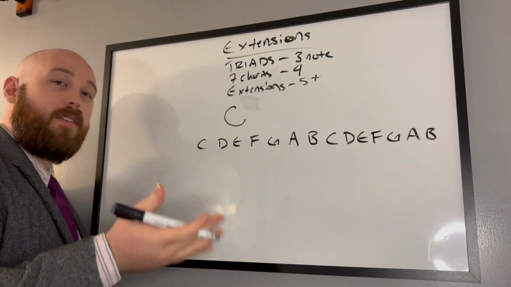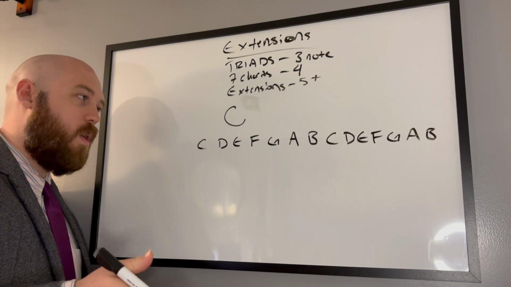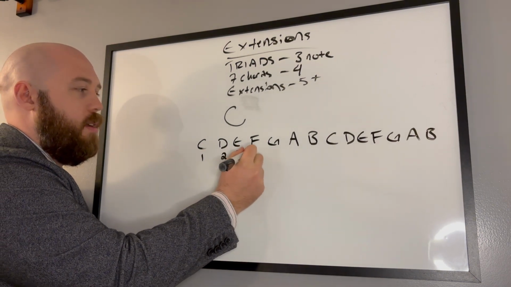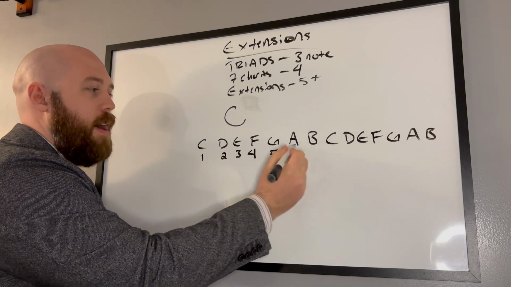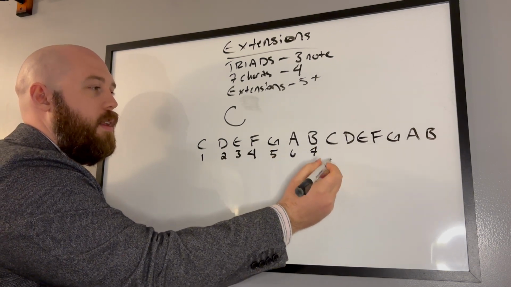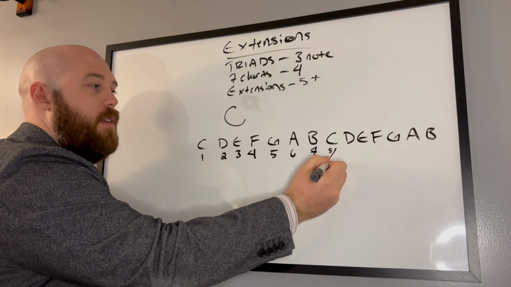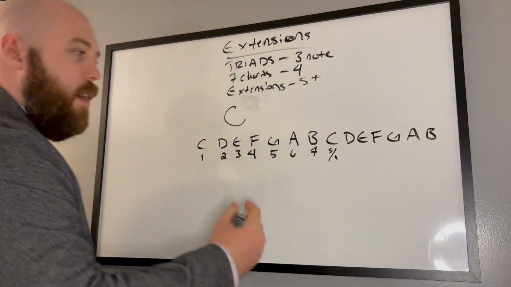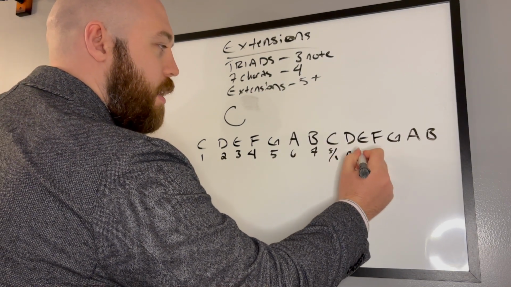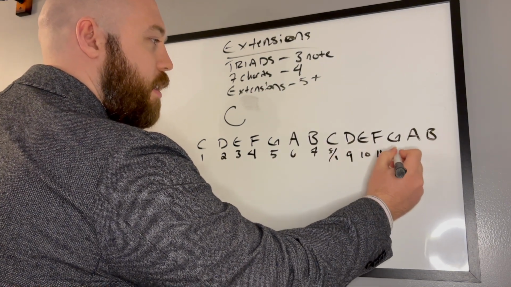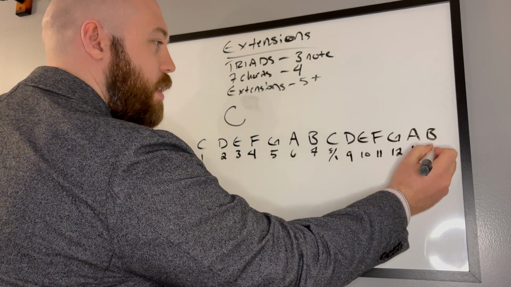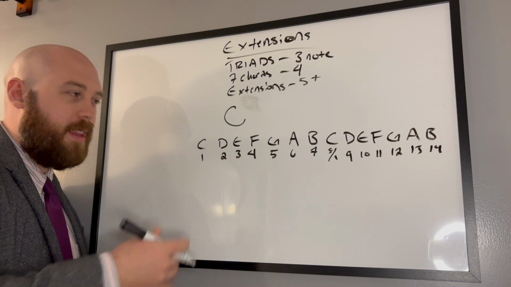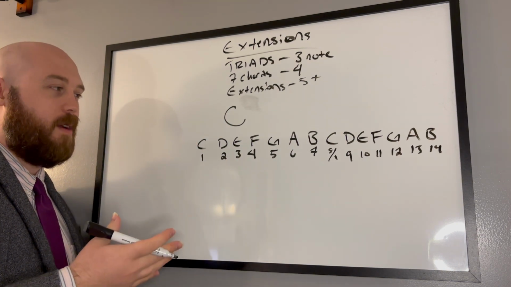Now, we've talked about scale degrees and building chords off scale degrees, and so I'll number these out. 1, 2, 3, 4, 5, 6, 7, and this is 8 or 1 because we start over again, okay? But if we keep going, 9, 10, 11, 12, 13, 14. Okay, you can keep going like that, and you're probably getting the idea of where these extensions come from.